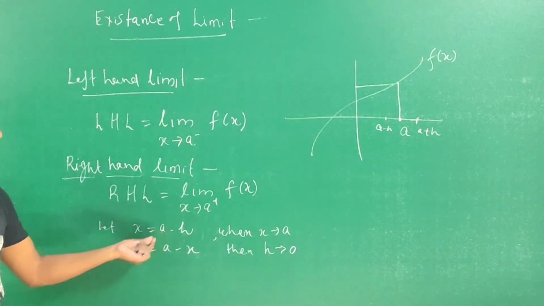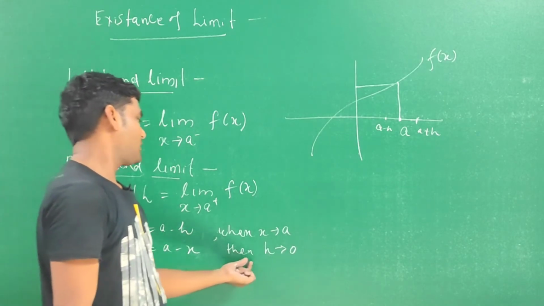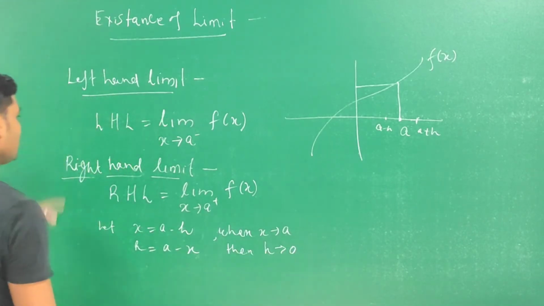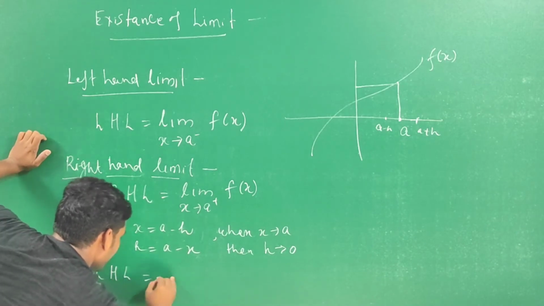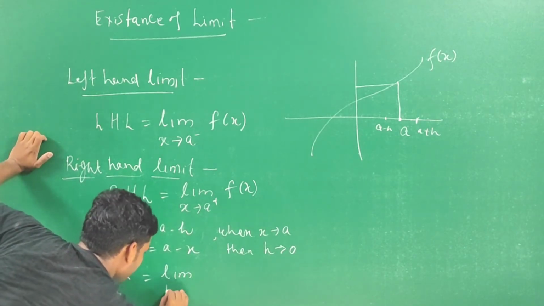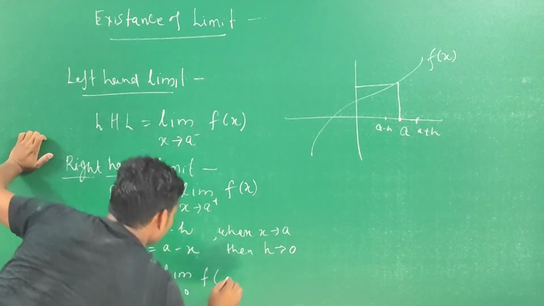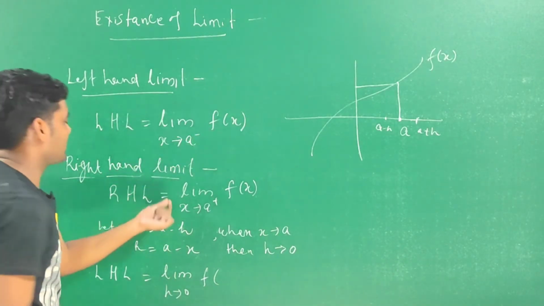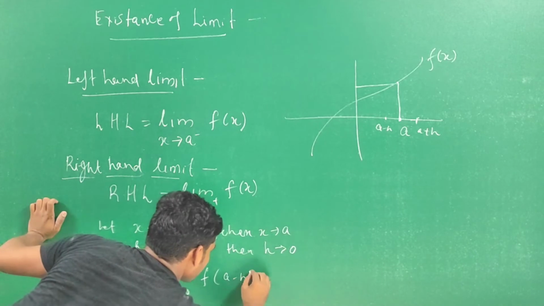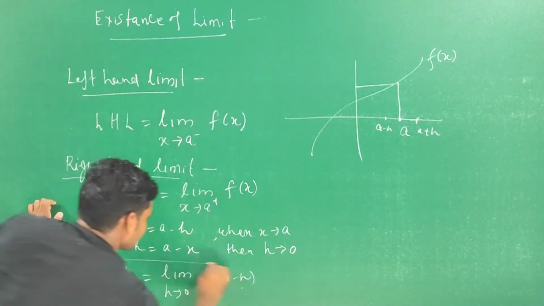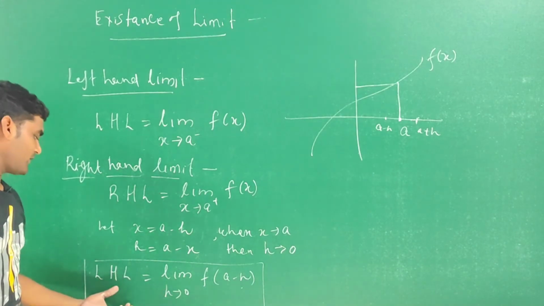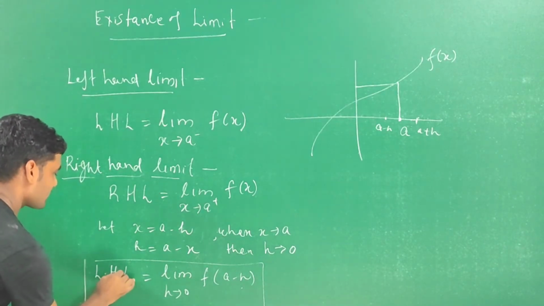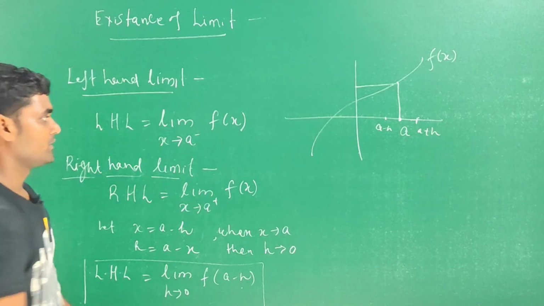If we put x equal to a, then we get h going to 0. In this case, the left hand limit will be limit h going to 0 of f(a minus h), in place of x we write a minus h. So this is the formula for calculating left hand limit.